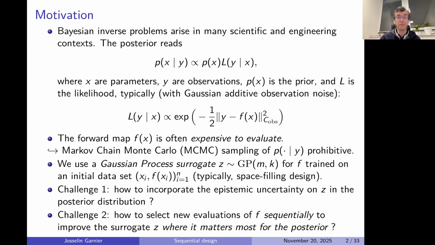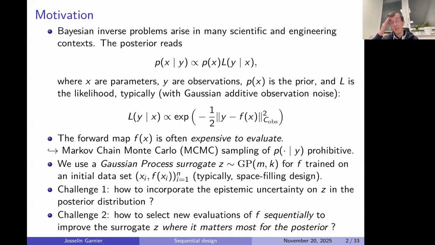It's not the true function F. So we have two challenges to solve. Let's assume we have chosen our favorite surrogate model. You would like to incorporate the predictive uncertainty of your metamodel into the posterior distribution. That will be challenge one.